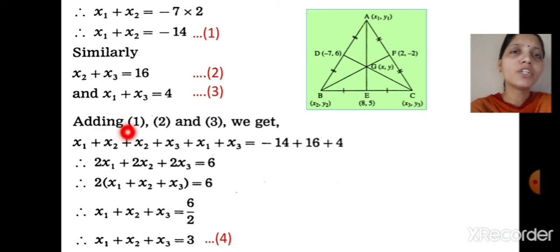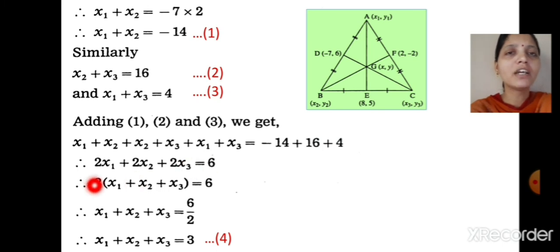Now adding equations 1, 2 and 3, what will we get? x1 plus x2 plus x2 plus x3 plus x1 plus x3 is equal to minus 14 plus 16 plus 4. Therefore x1 plus x1 is 2x1, x2 plus x2 is 2x2, plus 2x3, that is equal to, now minus 14 plus 16 is plus 2, plus 2 plus 4 is plus 6.